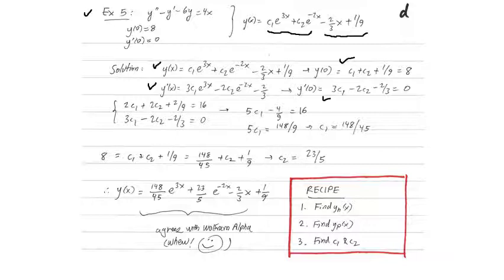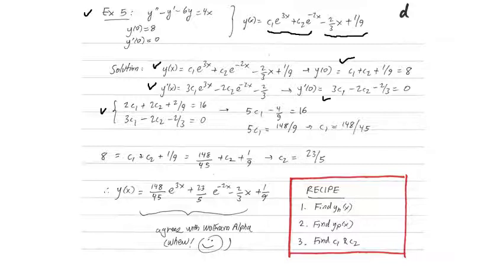So that gives us these two equations for C1 and C2, where we have multiplied the first equation by 2 on both sides with a view toward eliminating C2.